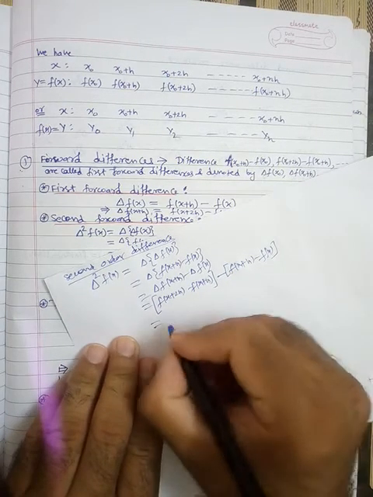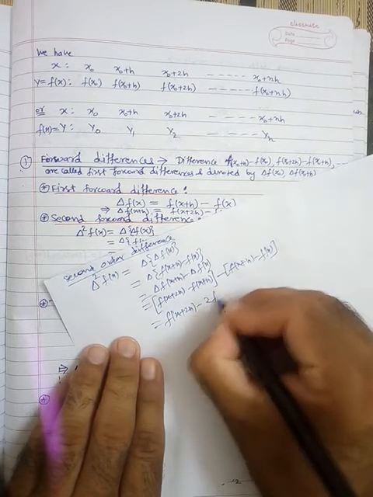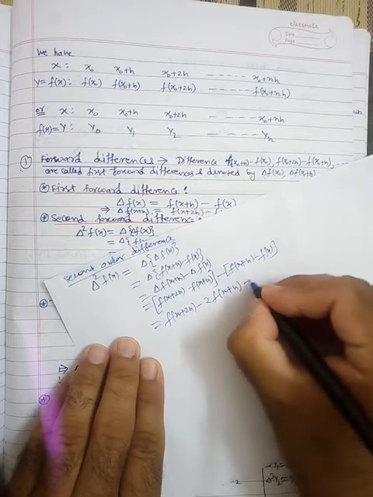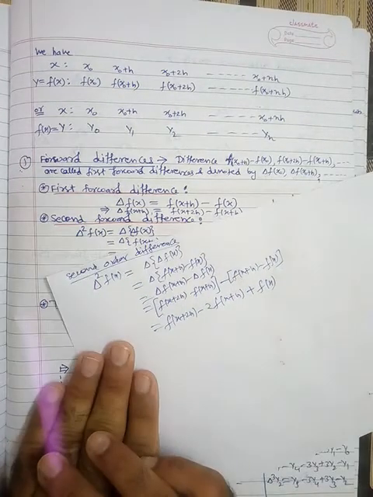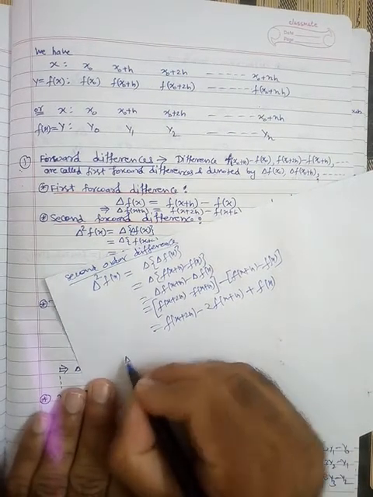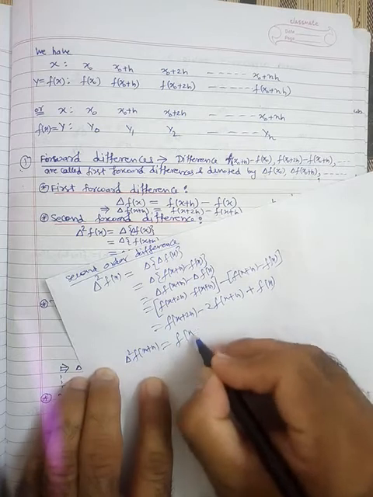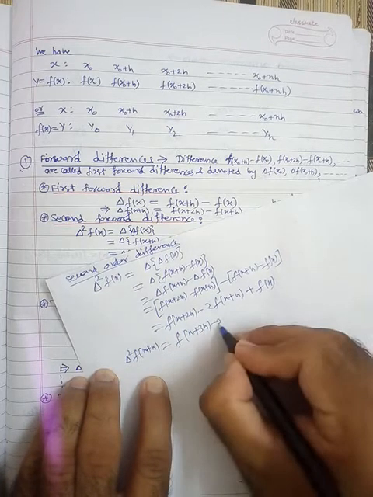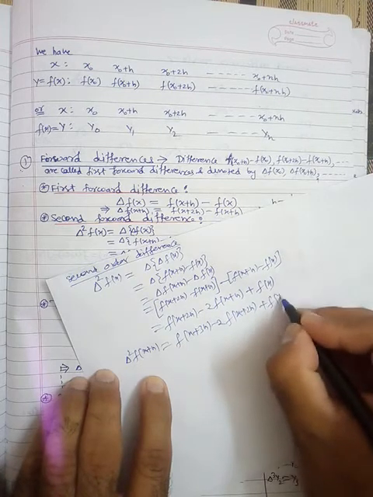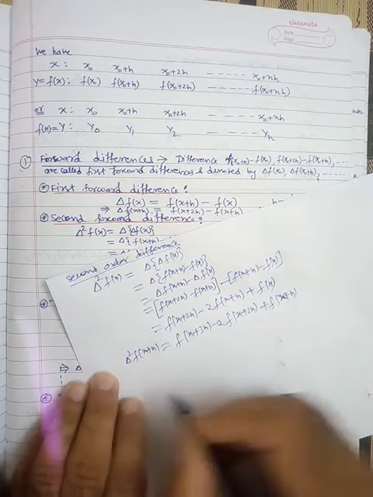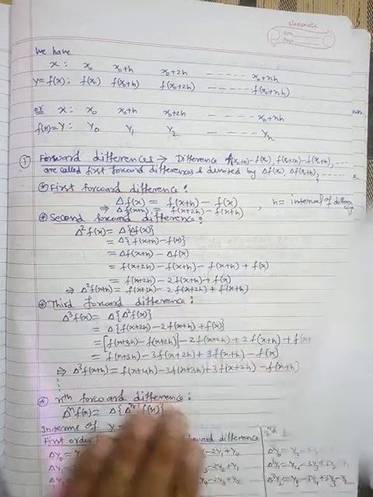Simplify this, we get f of x plus 2h minus twice f of x plus h plus f of x. We get this expression. Similarly, you can find del 2 f of x plus h, which will be obviously f of x plus 3h minus twice f of x plus 2h plus f of x plus h, and so on. So likewise we can find the second order differences, they are written here.